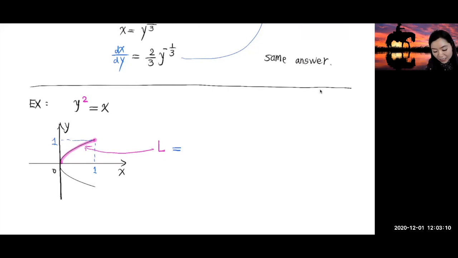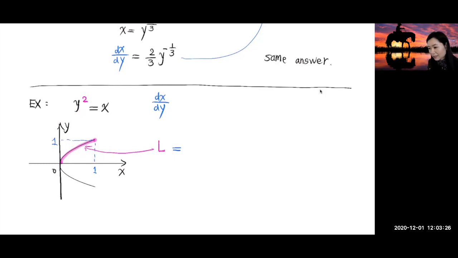So y squared equal to x. dx/dy is actually easier to find, because x is expressed as a function of y.